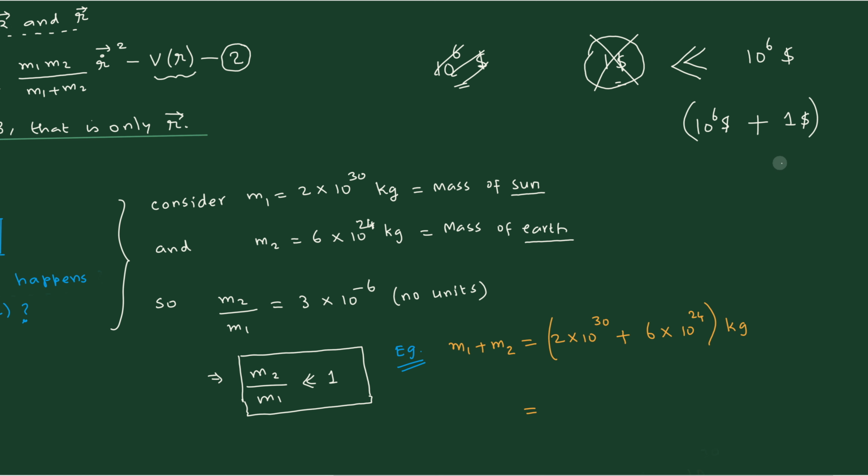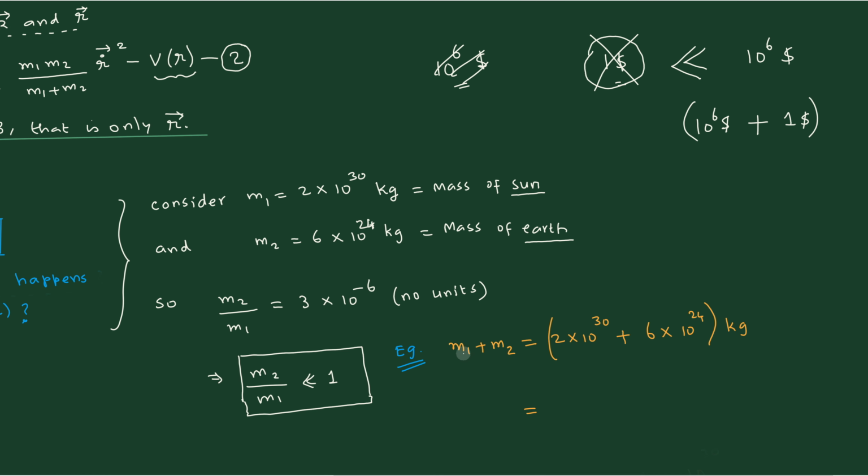So after you give me the $1, what is the total money that I have? The conclusion that I am trying to say is that whether you give that $1 to me or not, it doesn't matter. That's what ultimately we are trying to write down in this equation. So theoretically we write this kind of a scenario as m2 by m1 is much smaller than 1.